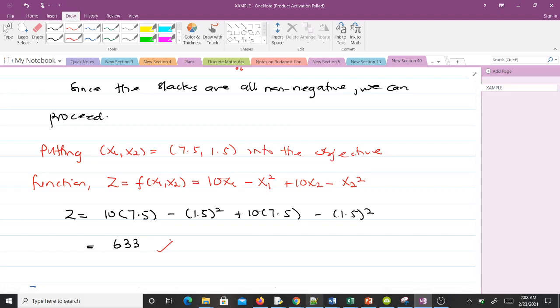Let me redo the computation and see if it's correct. So that's incorrect. It should be 145.5. If you do the computation, that's what you're supposed to get.